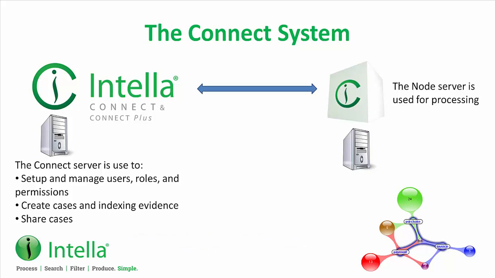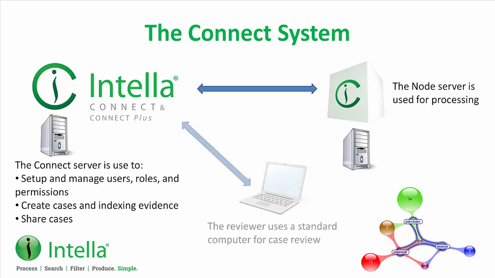You can have more than one node running at any one time, but all nodes need to be on their own separate systems. Cases are created and indexing processes are configured by the Connect interface. Once a processing task is started, the Connect system sends instructions to the node processing system, and that is where the processing or indexing takes place.